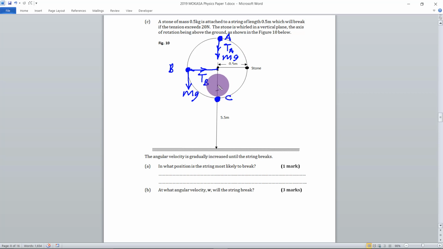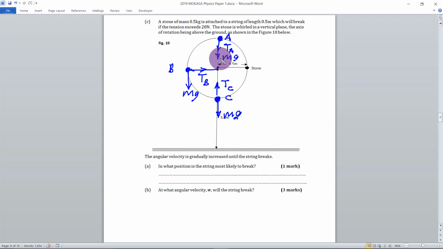When it comes to point C, there is a tension in the string, which is Tc, in that direction. And of course, the weight of the object acts vertically downwards, mg. Remember, the weight of any object is always acting vertically downwards.